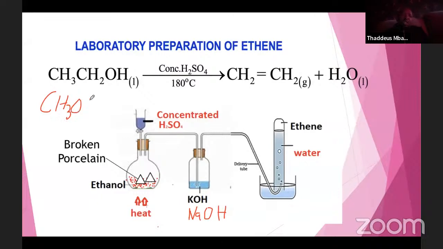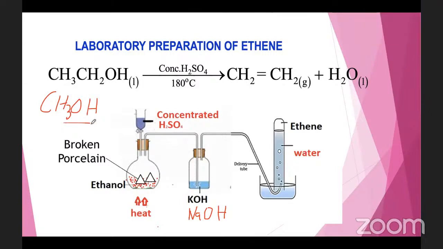Because it has only one carbon atom, you cannot get an alkene with one carbon atom. The elements of water are hydrogen and oxygen, so if you dehydrate methanol, you get water and carbon.